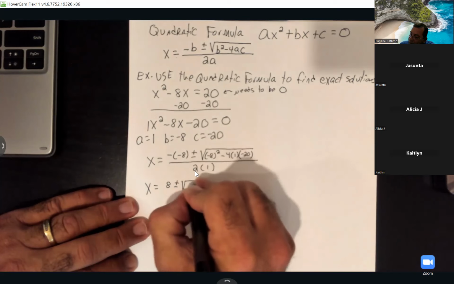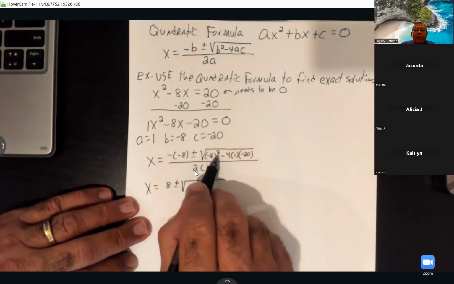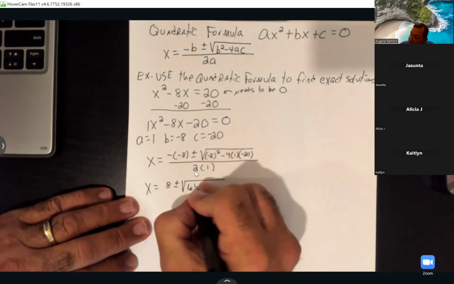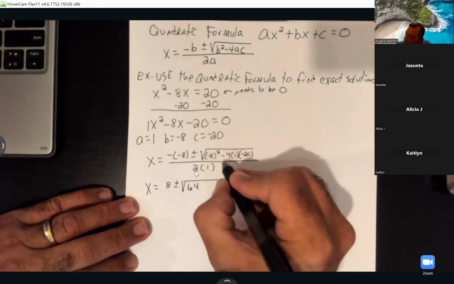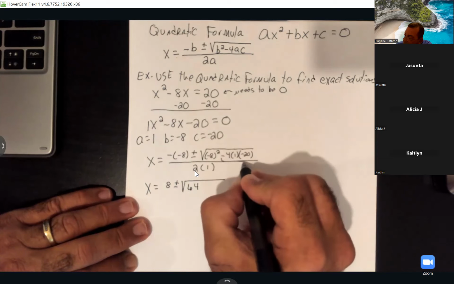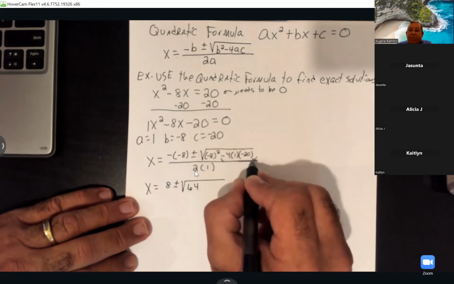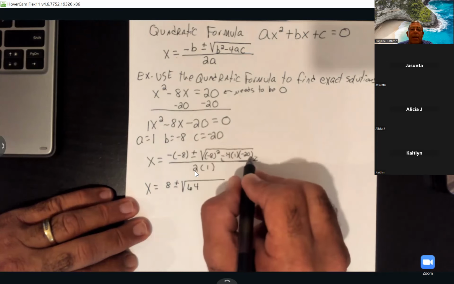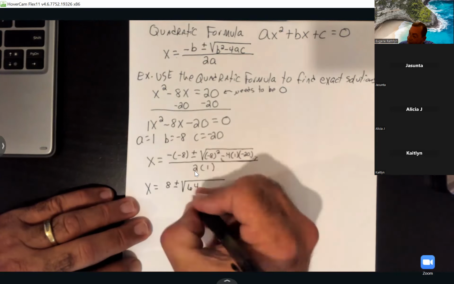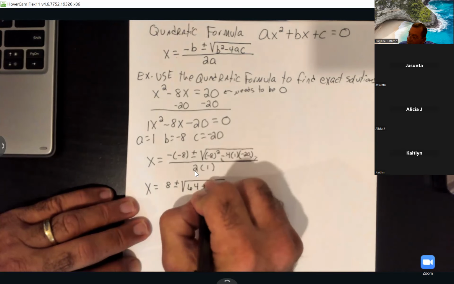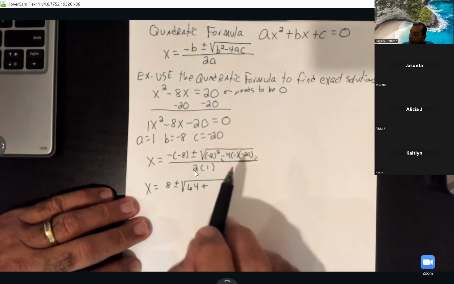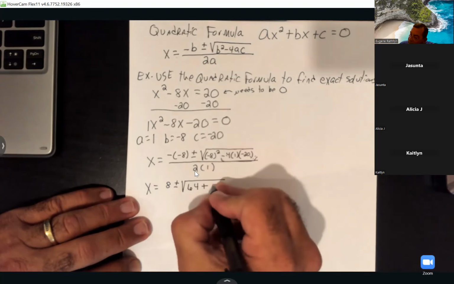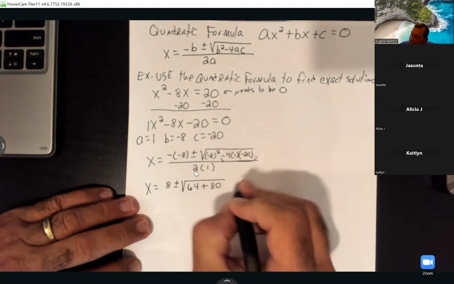All right, now let's see what happens under here. Negative 8 squared is negative 8 times negative 8, which is a positive 64. And y'all, right here, everything over here is being multiplied. You got a -4 and a -20. You got 2 negatives. That end is going to become positive. 4 times 1 is 4, times 20 is 80.